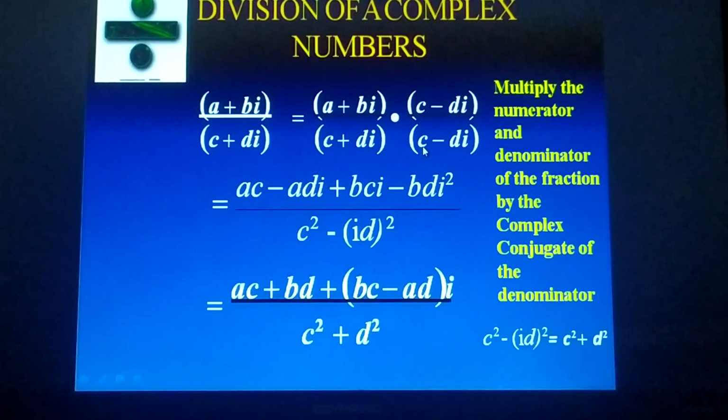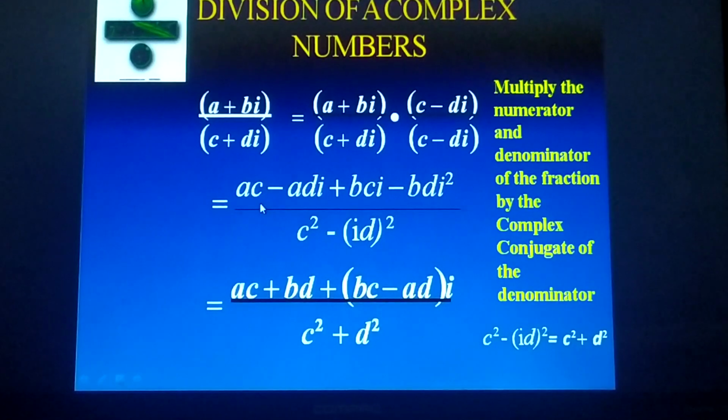In the denominator we have (a + b)(a − b) form, so we can write a² − b². a is c, so c², minus, b is di, so (di)². So (c + di)(c − di) is c² − (di)². Now since i² is −1, minus minus is plus, so it is c² + d².